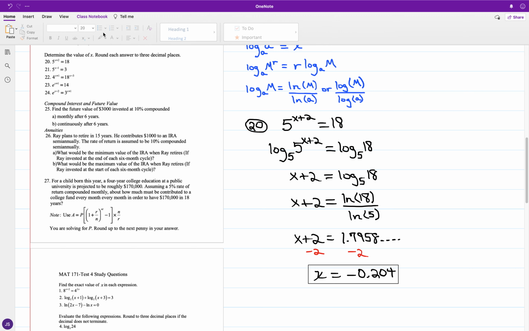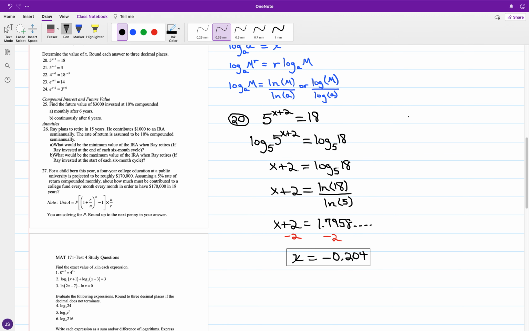Now, in the case of number 21, we're still working with the exponential base 5, raised to the x minus 1 power, is equal to 3. Again, we can eliminate the presence of the exponential base 5 by taking the base 5 logarithm on both sides.